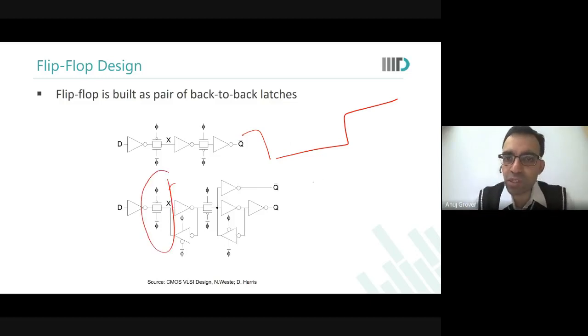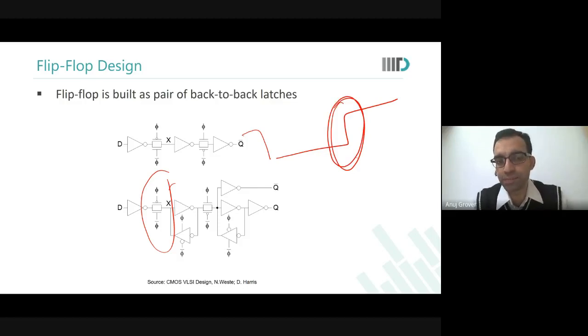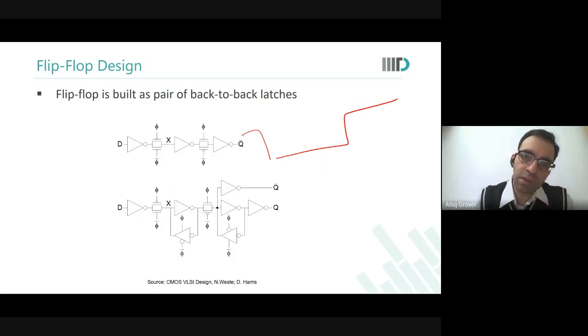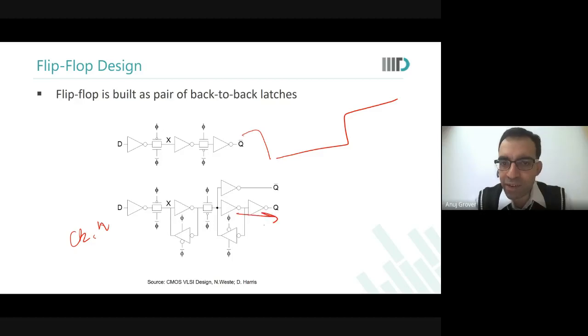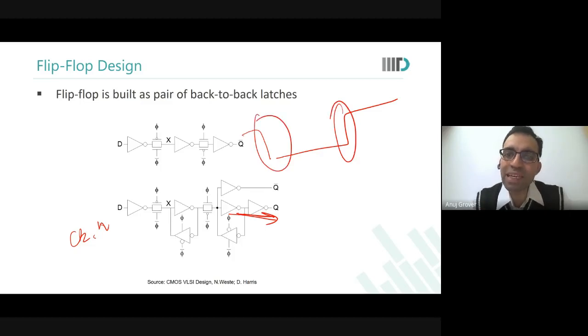The other is sensitive to the high level. Essentially, when the clock changes, I get to sample my information at those edges. Any change when the clock level is high or low will not get reflected on the output. Any change will get reflected at the edge of the clock. The flip-flop is edge triggered.